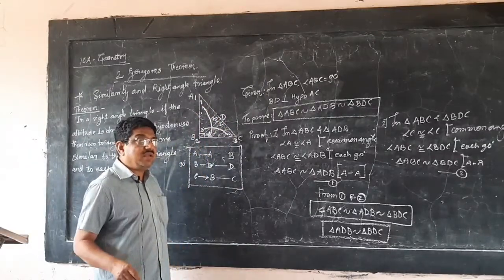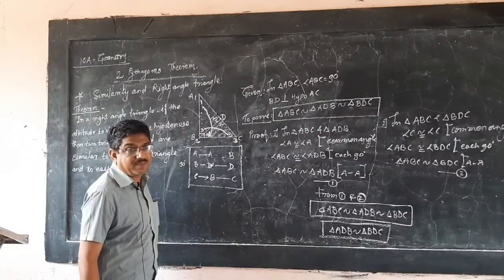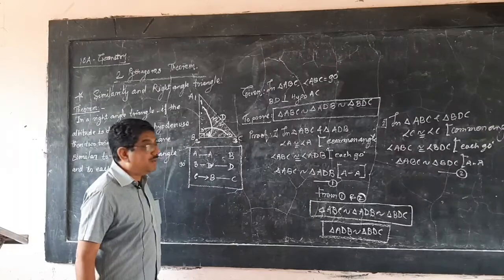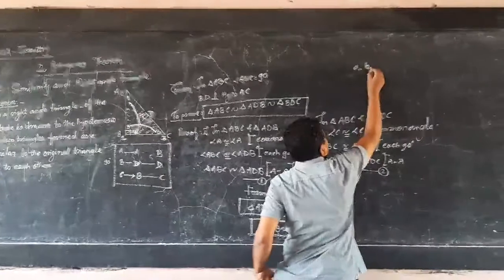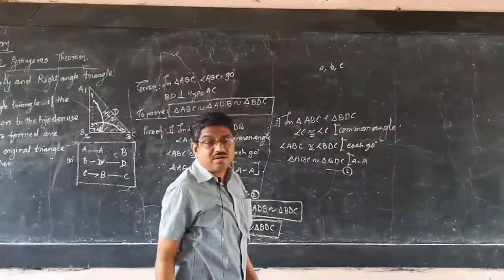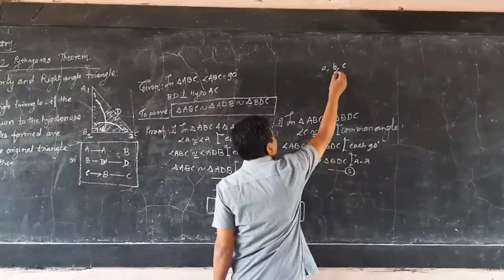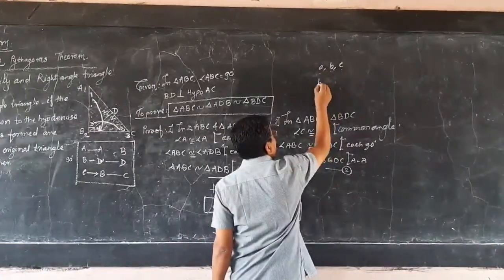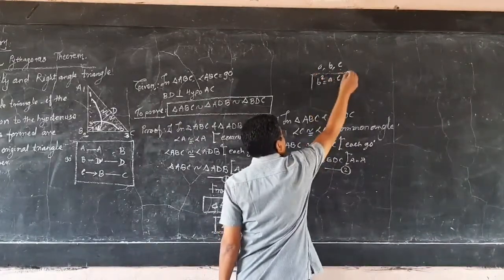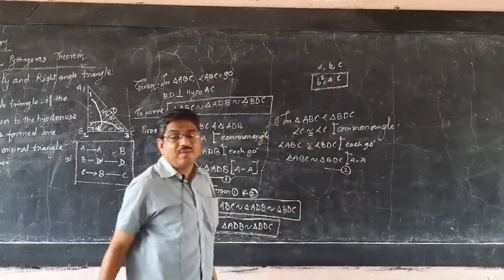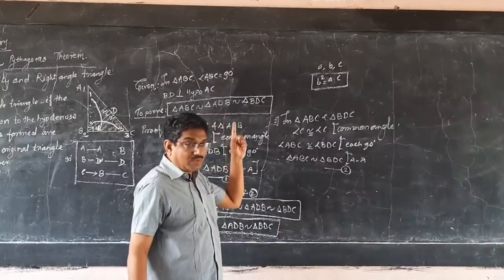This property you have studied in 9th standard in the chapter on ratio and proportion. If A, B, C are in continuous proportion, then B is the geometric mean of A and C. Then you use the formula B square is equal to A into C. This formula you use, and therefore we have to study the second property, called the geometric mean corollary.